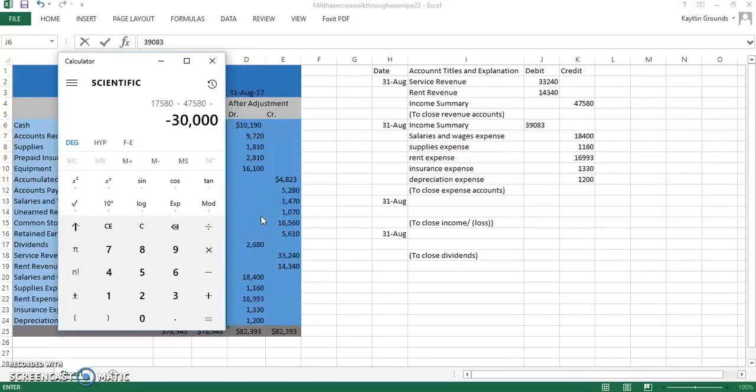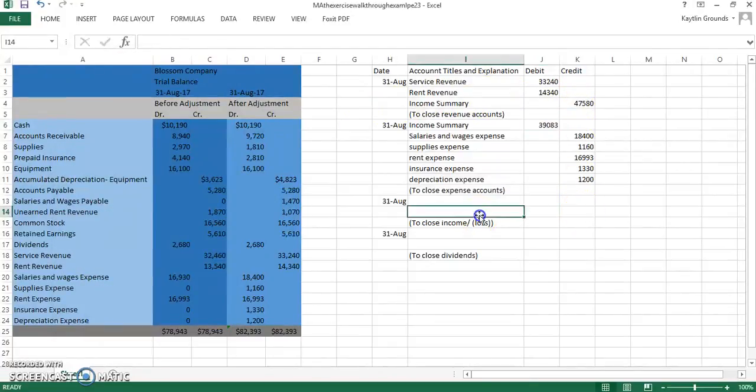$47,580 minus $39,083 leaves us with $8,497. And that's going to be in the credit category, because when you subtract that, there's still that number left in the credit category. So we'll put that here.